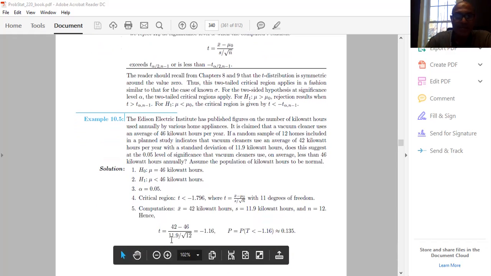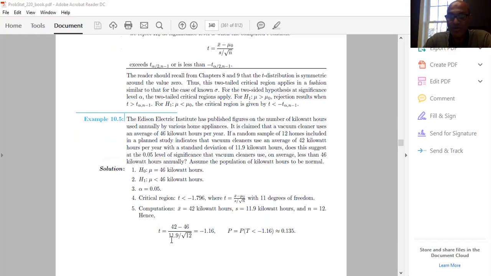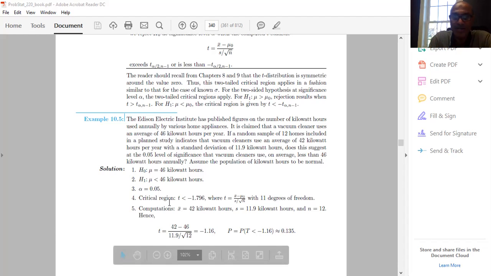The Edison Electric Institute has published figures on the number of kilowatt hours used annually by various home appliances. It is claimed that vacuum cleaners use an average of 46 kilowatt hours per year; that is your mu zero value.